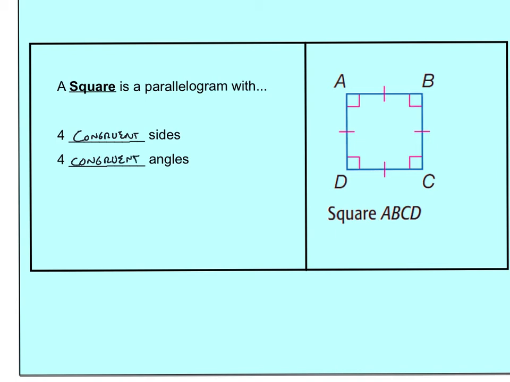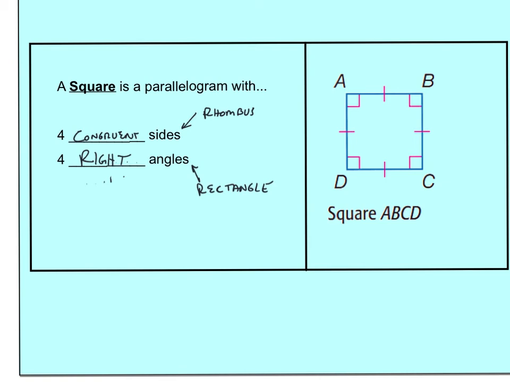Okay, so 4 congruent sides, which is kind of like a rhombus. 4 congruent angles, and believe it or not, those are going to be 4 right angles. So that is like a rectangle. So it's kind of a little bit of both. In fact, I'm going to put right up there. They're obviously congruent because they're all going to be right angles. So that's what I'm looking at.